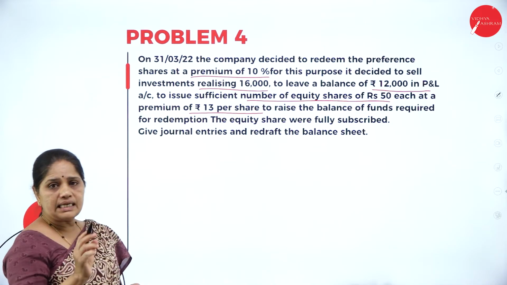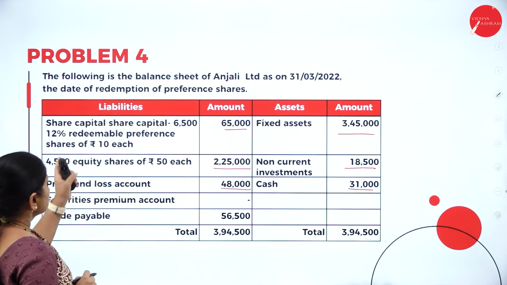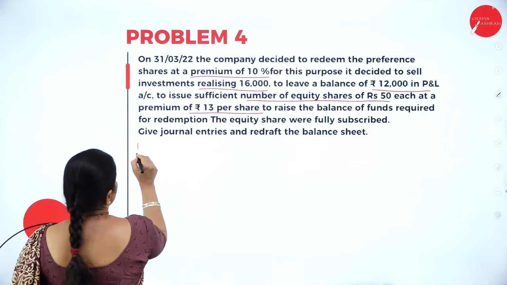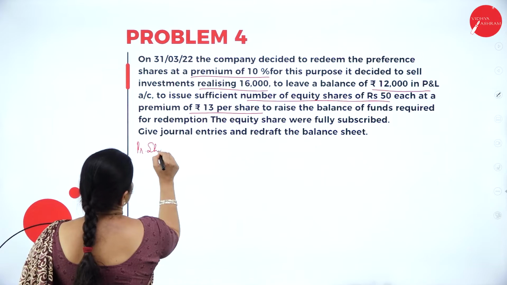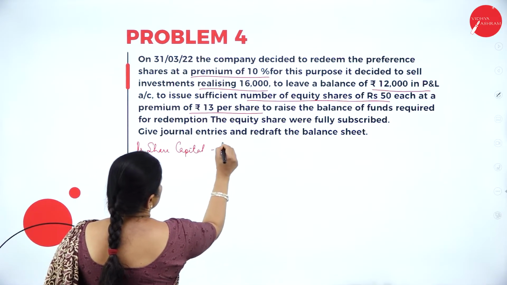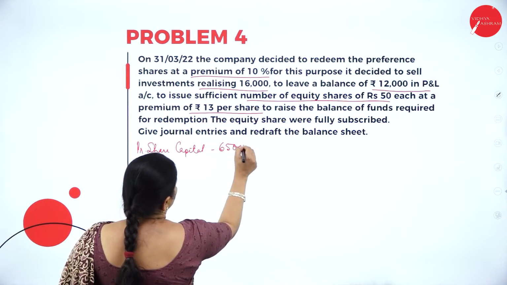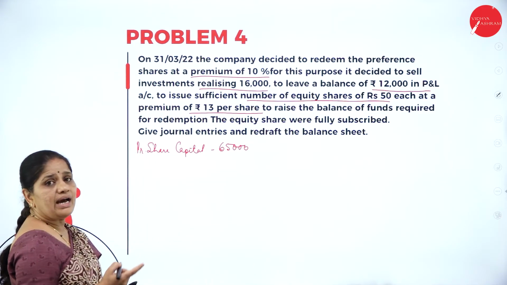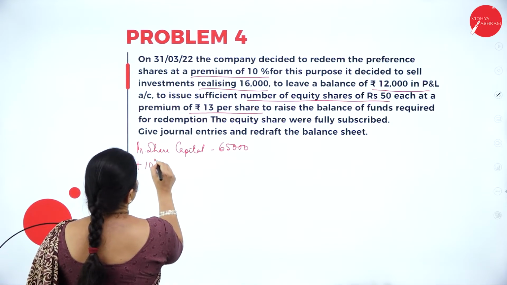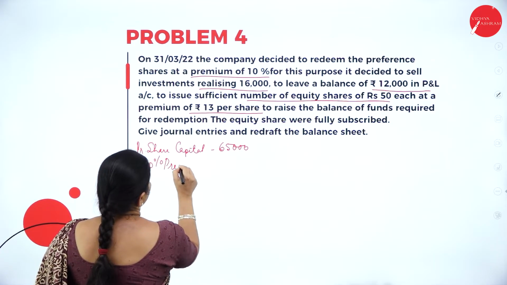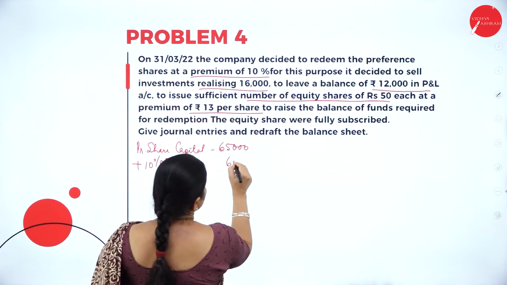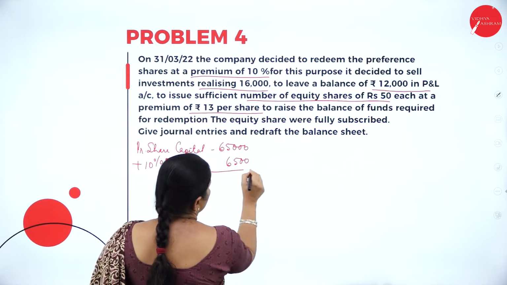So what are the things we have to make a note of here? We have to make a note of the preference share capital. How much is it? 65,000. Now we have to add a premium of 10%, so it will be 6,500.